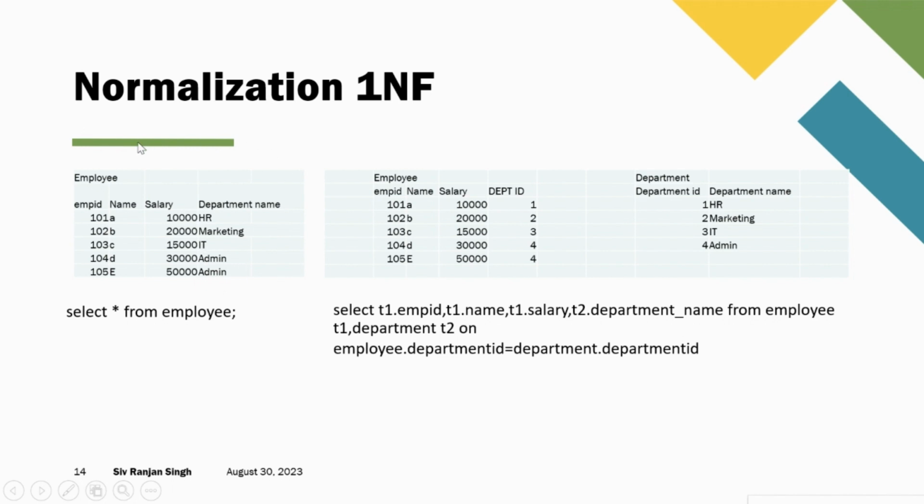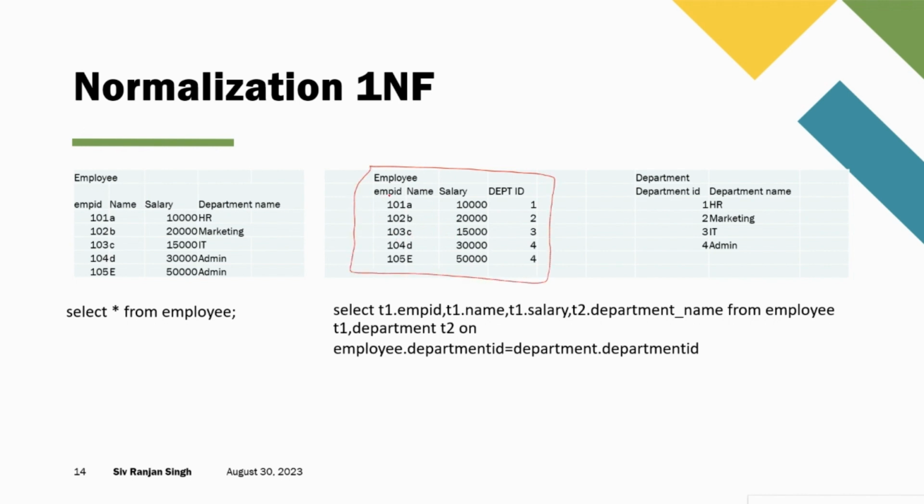But normalization says there should not be repetition. You have to minimize the repetition of characters, not numbers. So you can see here that the single table is divided into two different tables.